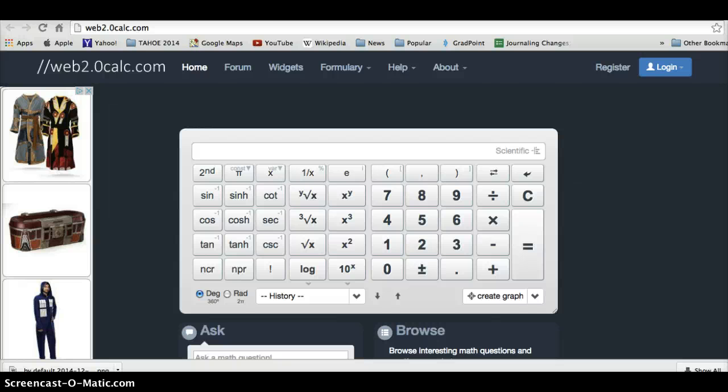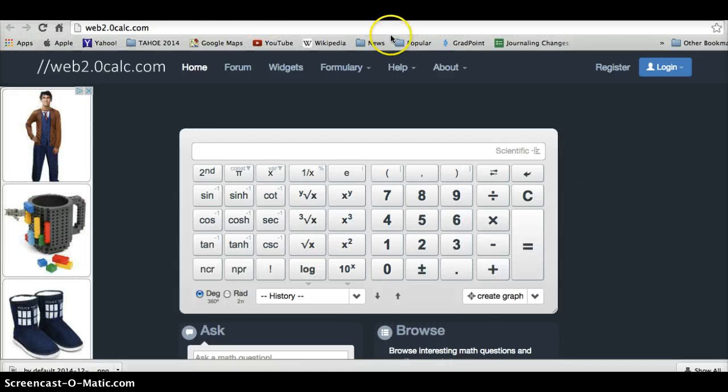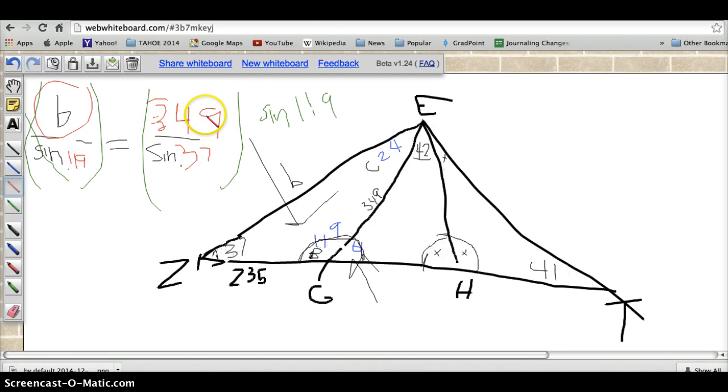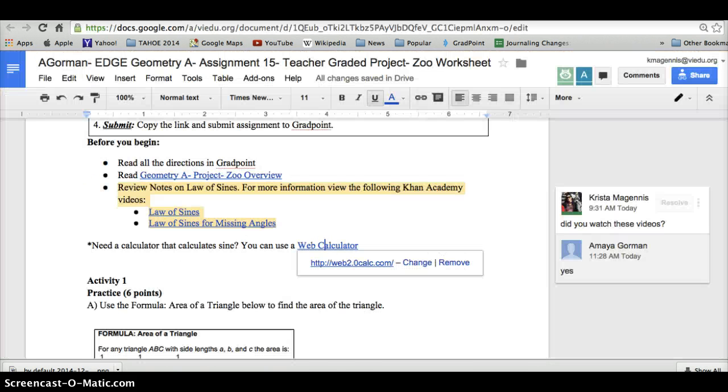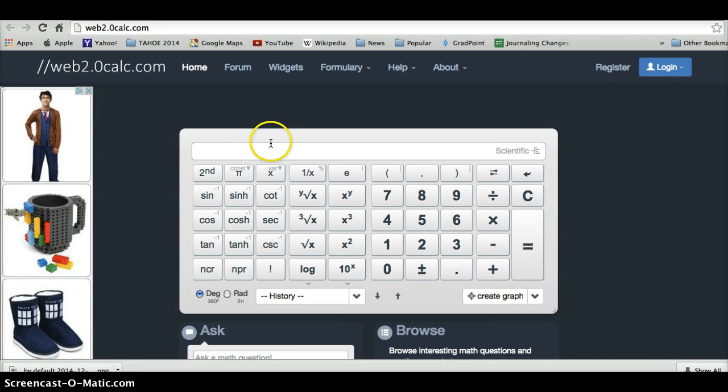Okay, so it doesn't matter how you do this, whether you divide 349 by the sine of 37, then multiply by the sine of 119, or you do 349 times the sine of 119 divided by 37. Just so long as we close the parentheses if necessary.